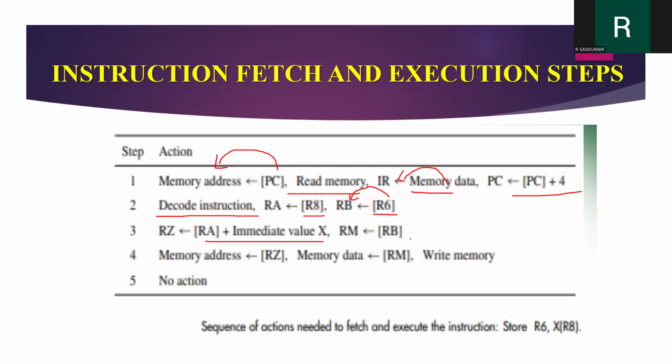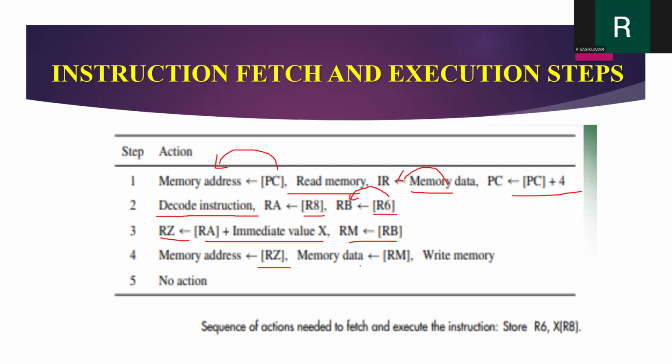The data is available in R6, and that R6 content is temporarily stored into the memory register. The address is temporarily available in RZ. So in the fourth step, we need to transfer the content of RZ, so the address will be transferred to memory address.